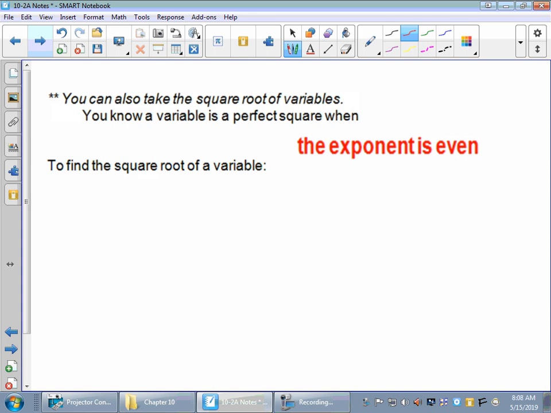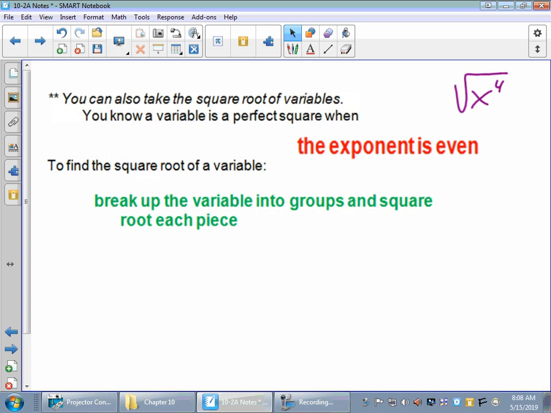So in this case, if the exponent's an even number, you know that it's a perfect square. So for instance, let's use an example of the square root of x to the fourth. Because that exponent is even, it's 4, then I know that we can go ahead and break that down as a perfect square. So to find the square root of a variable, we're going to break up the variable into groups and square root each piece of it.